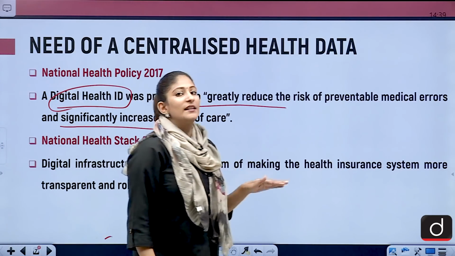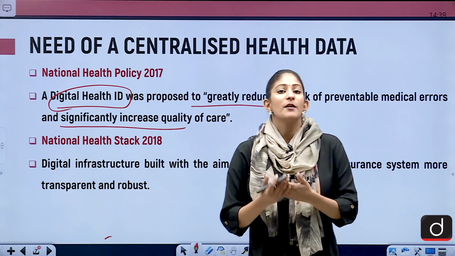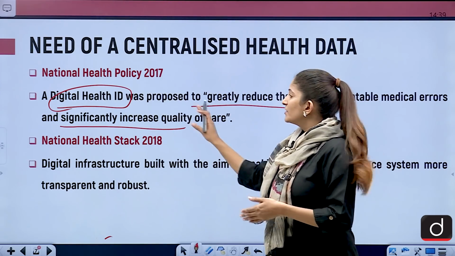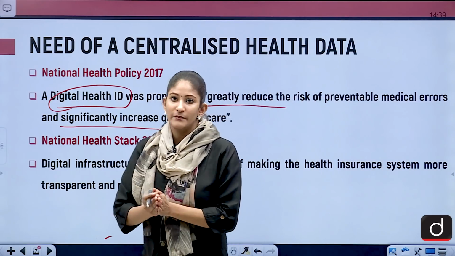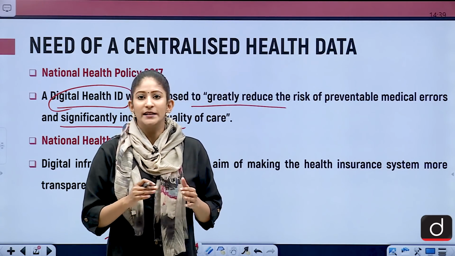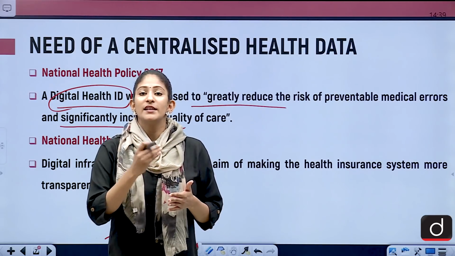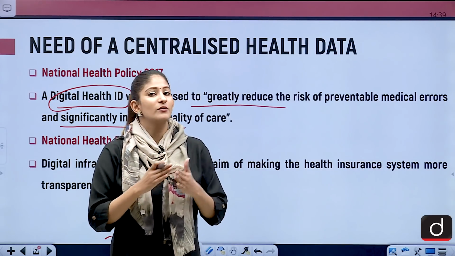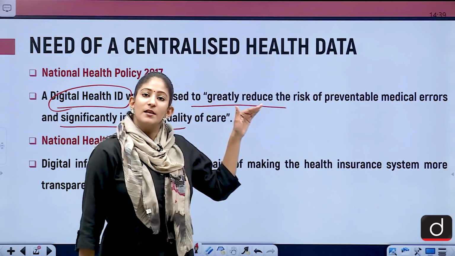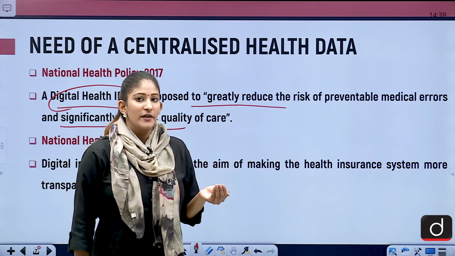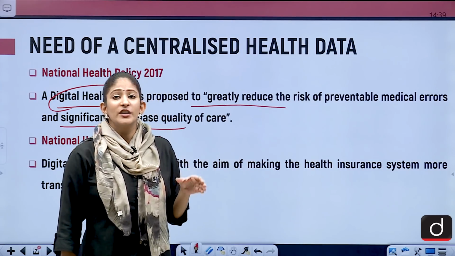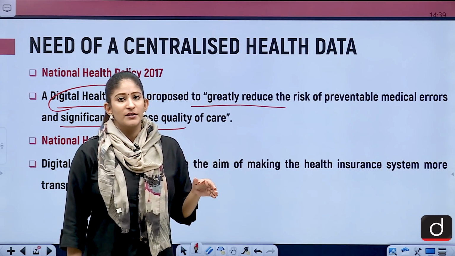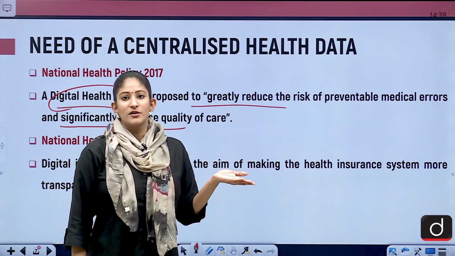So whatever medical errors could have been made manually, the National Digital Health ID was proposing to mitigate, and if not completely rule them out, then at least get them to a minimum extent. The problems which are preventable in nature can be mitigated, and hence what will happen? The proper treatment will be provided to the patient, and of course it will increase the quality of care.